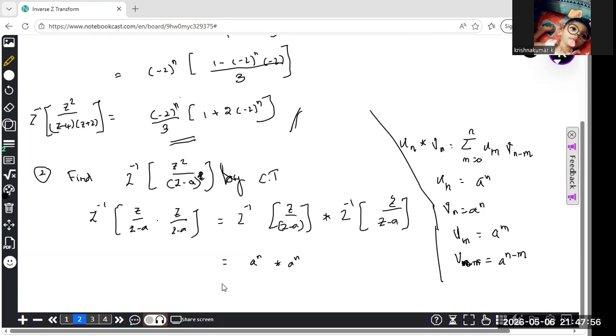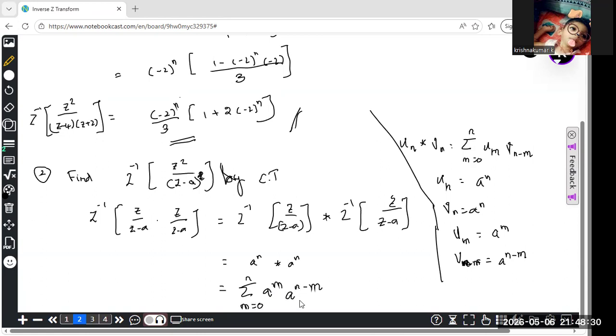Now this will be equal to summation m equal to 0 to n, u m is a power m into v n minus m is a power n minus m. Here the summation has m from 0 to n, so only m is varying and n is constant.